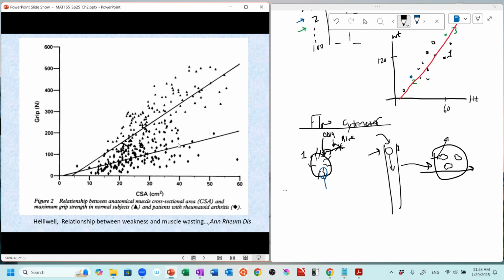So we see the RA folks, as we move to the right, as they get larger cross-section area of their muscles, we think that would make them stronger. Their grip strength doesn't go up very much compared to normal patients, whose grip strength goes up a lot when they have bigger forearm muscles. So the rheumatoid arthritis is really affecting their grip strength, and making their muscles stronger isn't likely to bring them a whole lot of benefit, right? It's not a muscle issue, it's an issue with the joints and other structures.